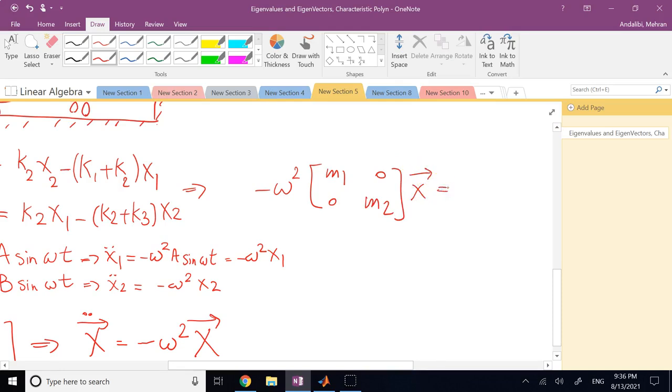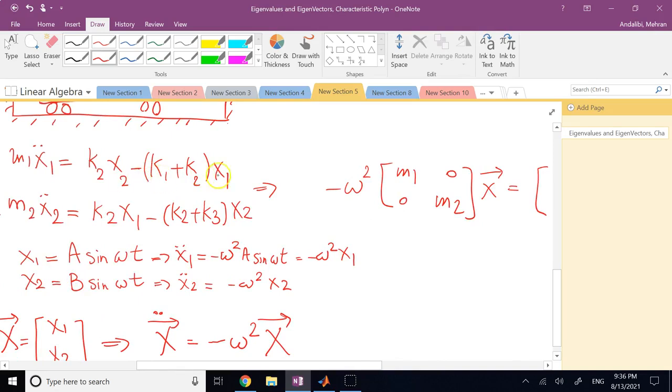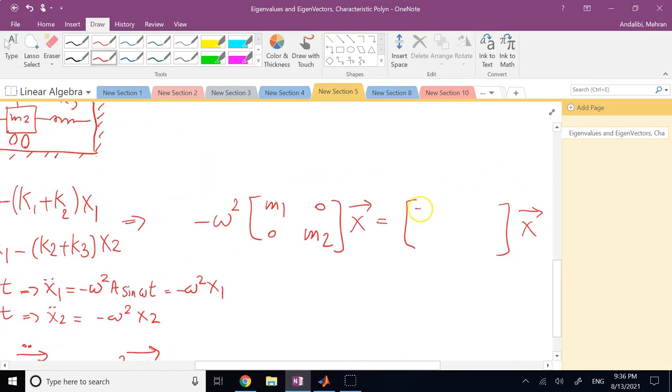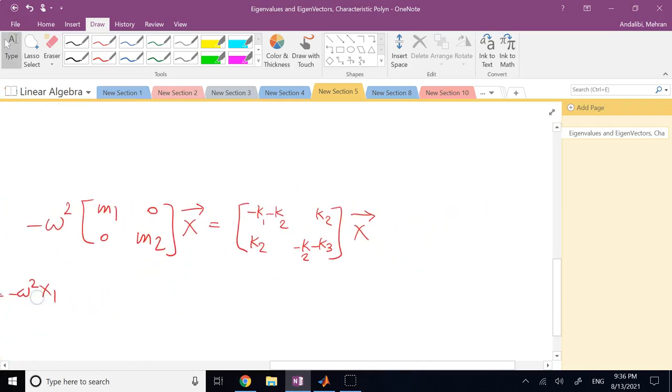This is equal to something times x again, and that something is going to come from these coefficients: negative k1 negative k2, k2, k2, and negative k2 negative k3. Okay, so this is going to be your system of equations.